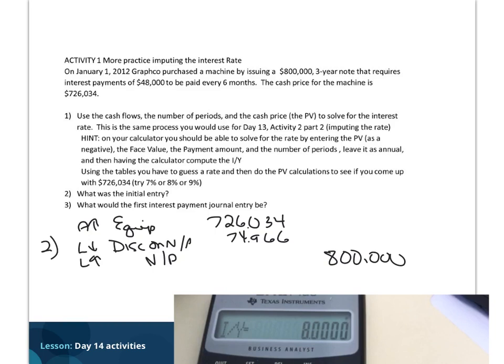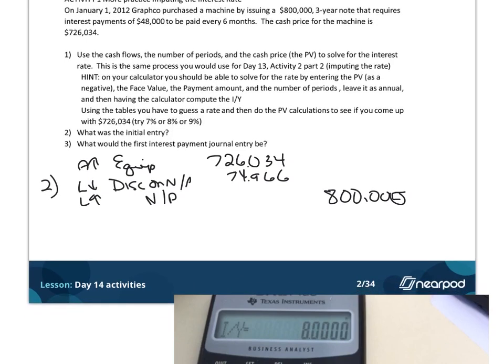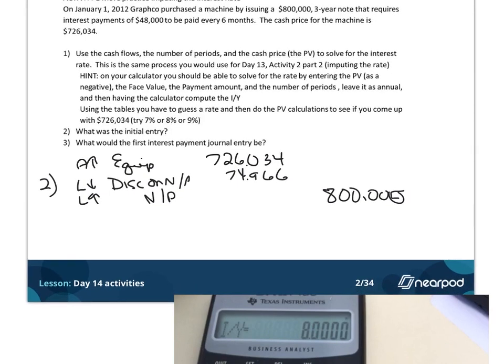And then the last question that I asked on this activity was that interest expense entry. And this should be pretty much review over what we did in class 13. So just to remember, we took the carrying value times the rate to give us the interest expense.